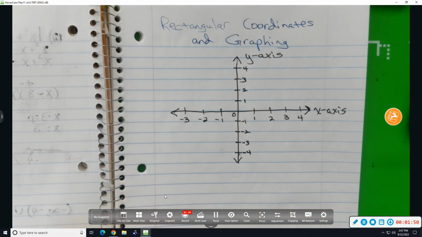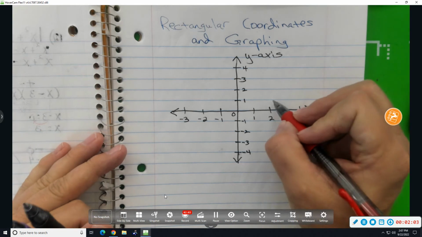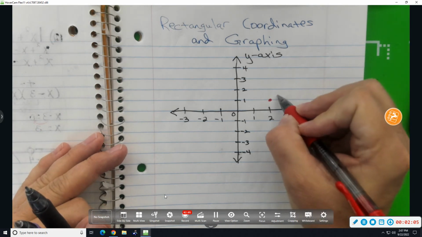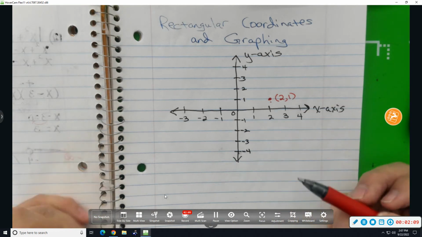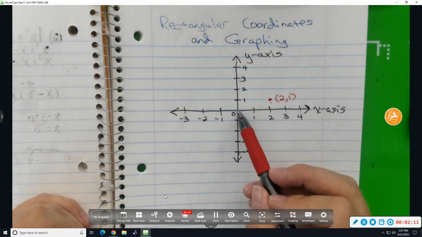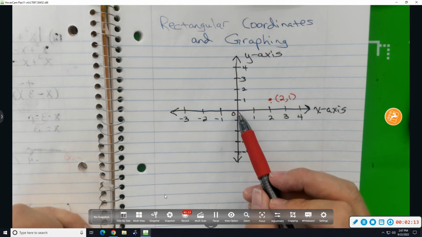And we can refer to any spot on this plane through the use of something called an ordered pair. It's a pair of numbers, and the order in which you write them is important. For example, the ordered pair 2, 1 would be located right where I put that red dot. You always start at the point of intersection for measuring.